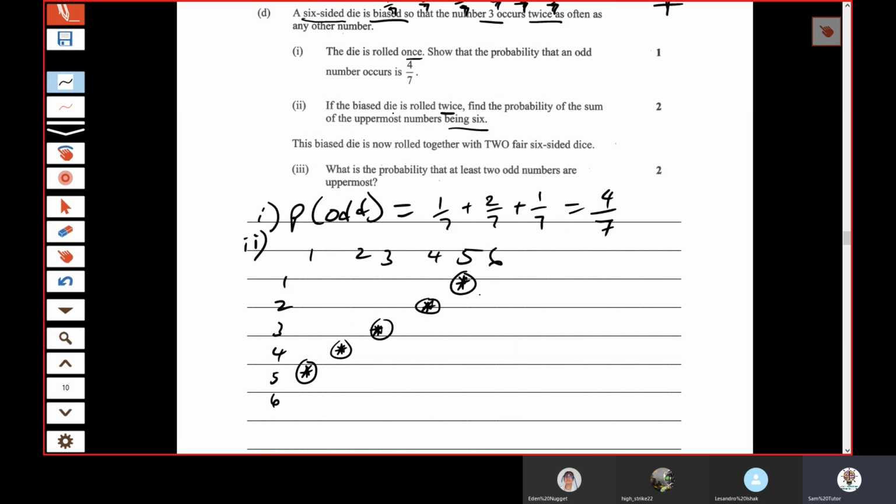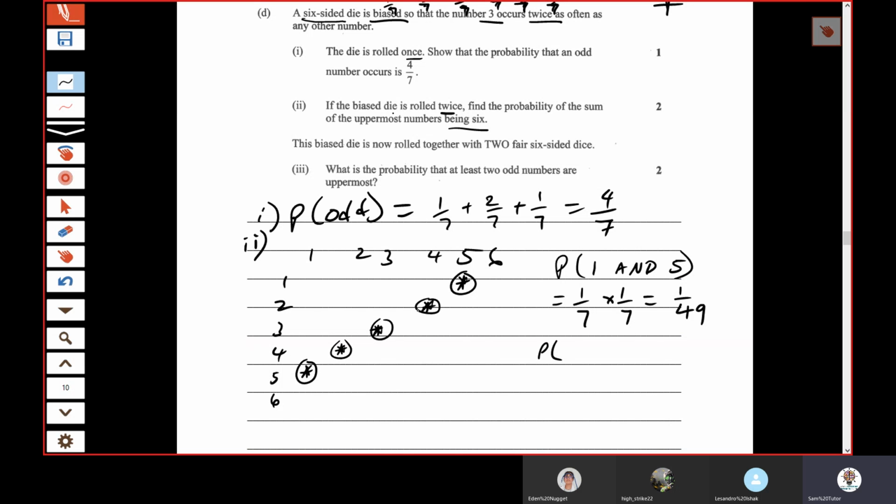So the probability of a 1 and a 5, just so we understand this, is 1 out of 7 times 1 out of 7, which is 1 out of 49. Do we understand that?